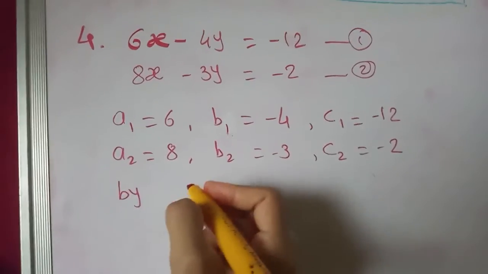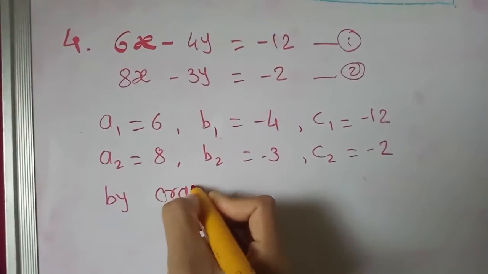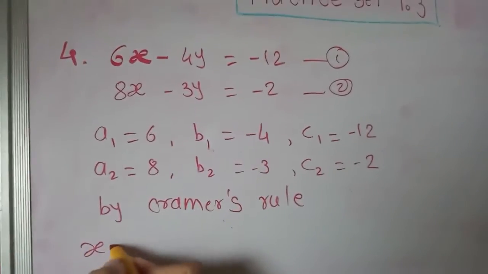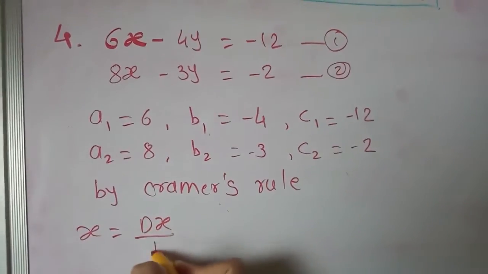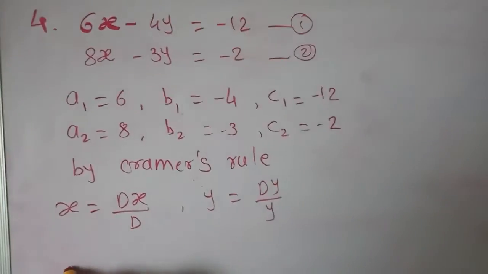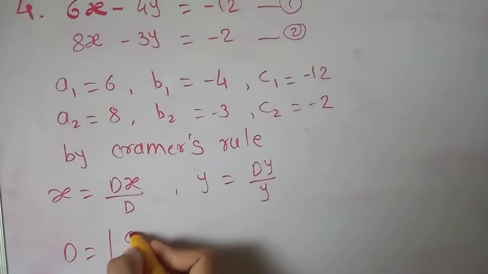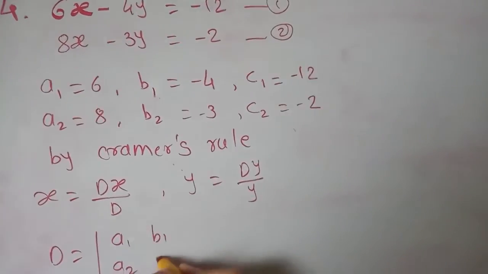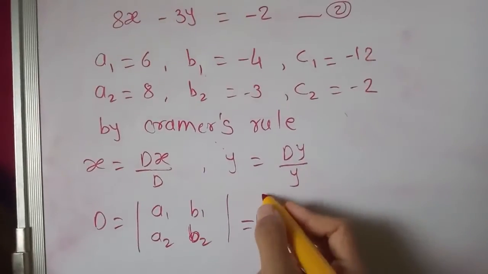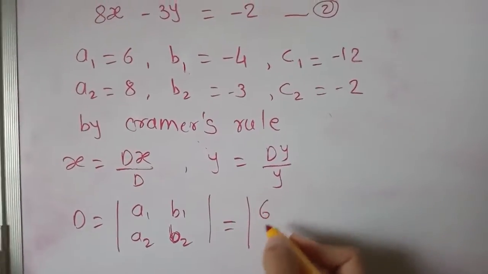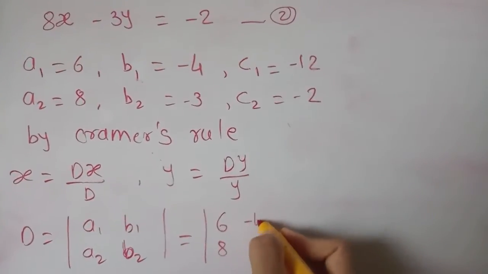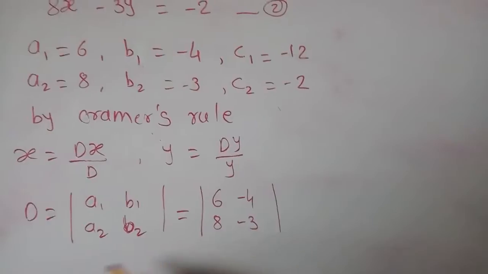So by Cramer's rule, x is equals to dx upon d and y is equals to dy upon d. So d is equals to determinant of a1 a2 b1 b2. So value of a1 is 6, a2 is 8, b1 is minus 4 and b2 is minus 3.